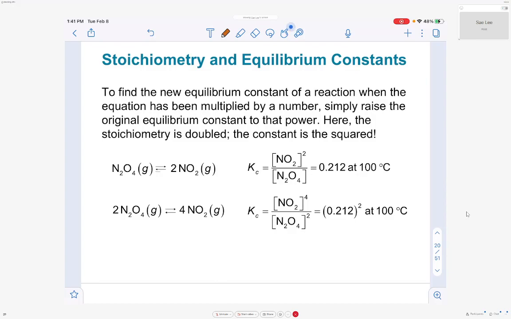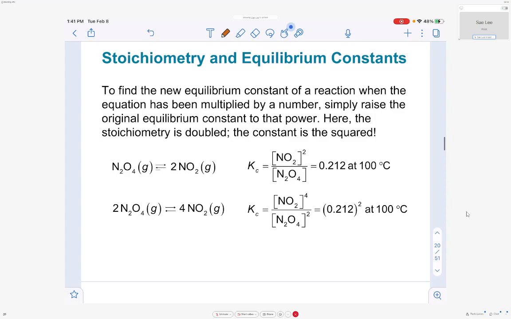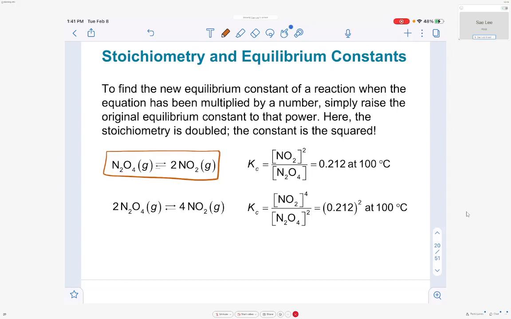And what would happen if you have an equation that has been multiplied by a number? Would Kc change? The answer is yes. So let's evaluate this equation. What if we multiply this equation by 2?